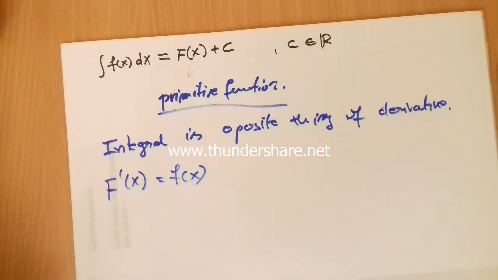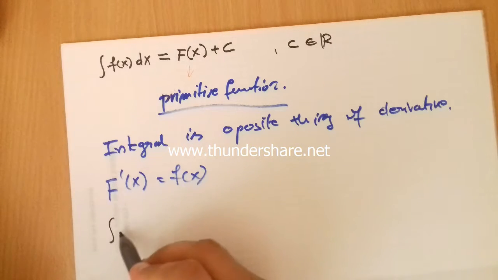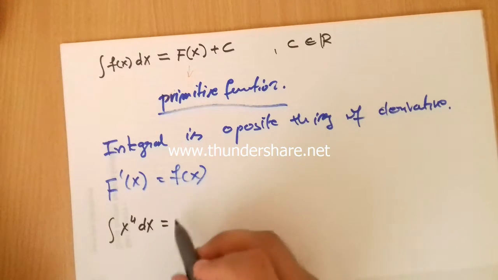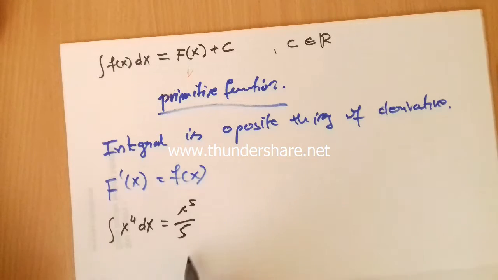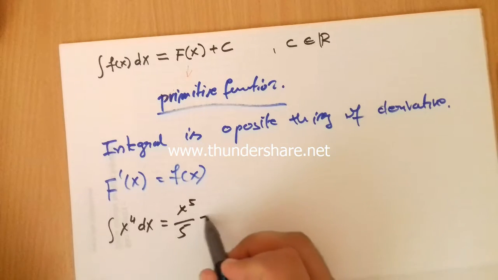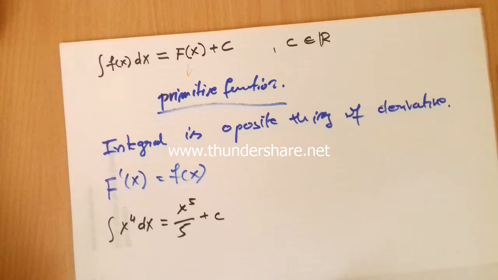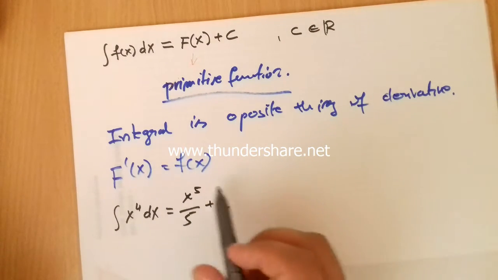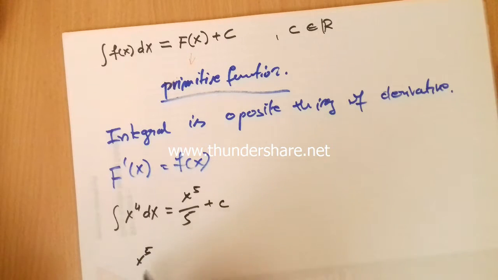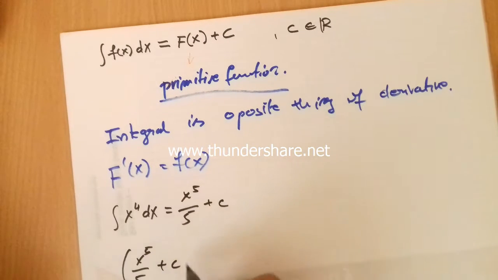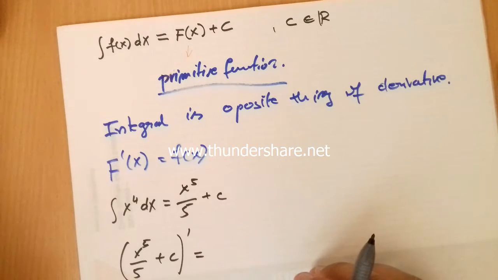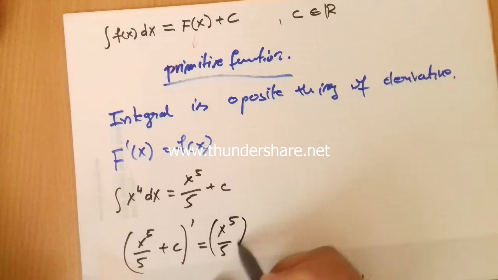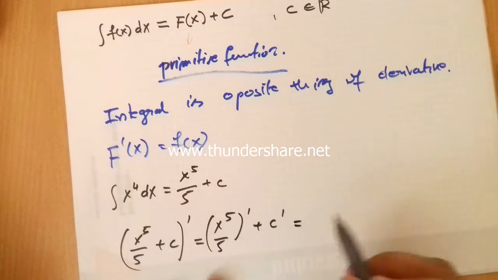For example, the integral of x to the fourth dx is equal to x to the 5 divided by 5 plus this constant c. Now if we take the derivative of x to the 5 divided by 5 plus c, this is going to be the derivative of x to the 5 divided by 5 plus the derivative of c.